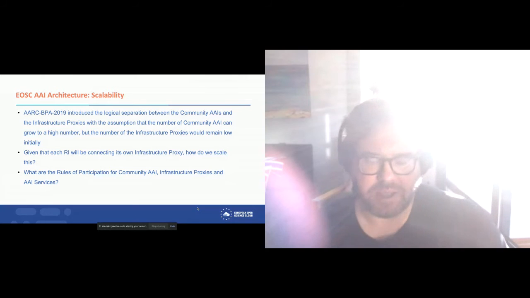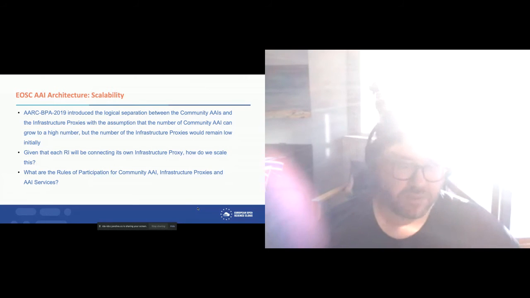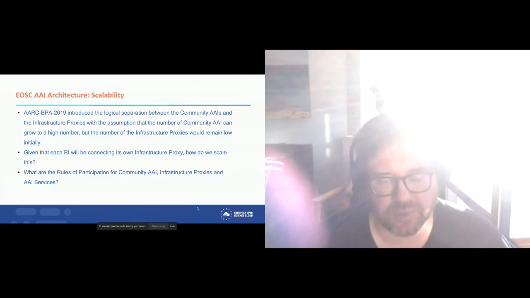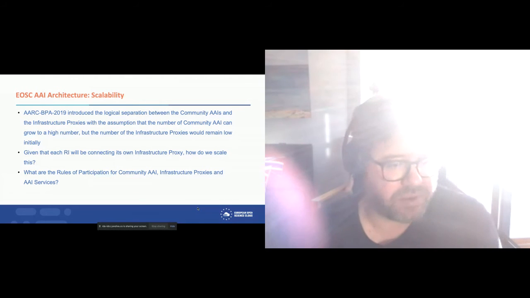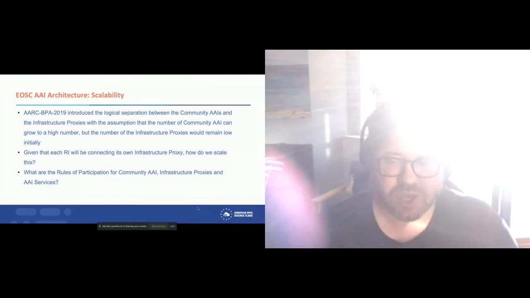Through the last few years and through the initial implementations of the European Open Science Cloud, we started to realize that each research collaboration has, in many cases, their own infrastructure, their own data that they want and can share with other research infrastructures. So suddenly, the whole principle on which we based the BPA 2019 seemed to be not really correct.